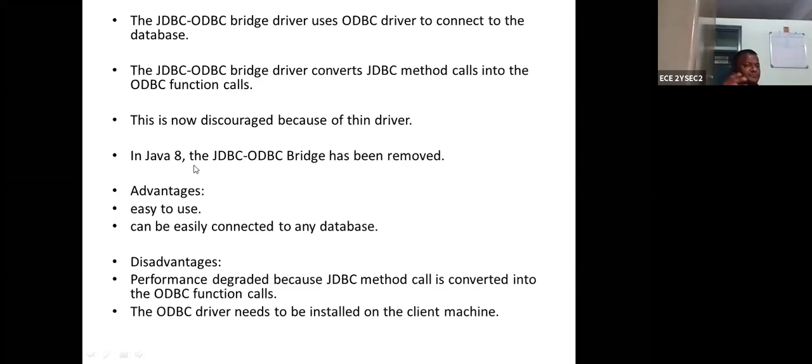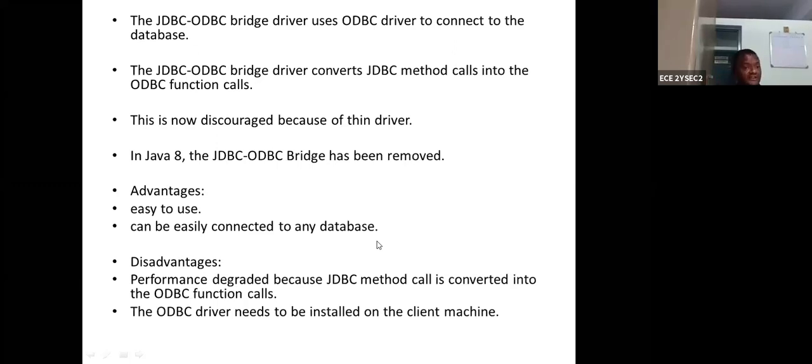Suppose the database comes through C language, then if you are using any language, Python, Java or whatever it may be, you can easily exchange the method call from the other language to C method calls. That's why we can connect to any language, so it is easy to use and you can connect to any database.